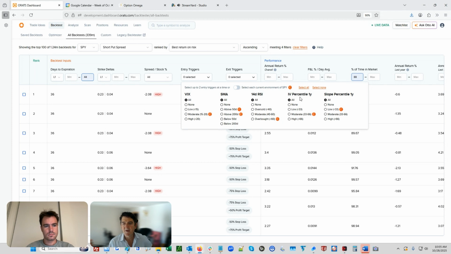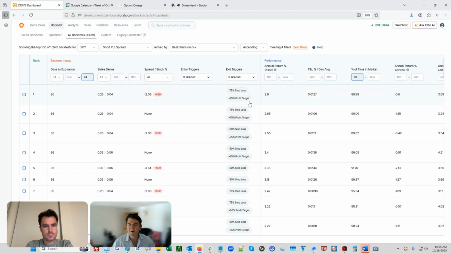And we have IV percentile. So it's kind of like the VIX, but it's different. The percentile can be low, moderate, or high, or none. And the slope, how steep the slope is. And that's important for these types of trades, and also important for other types of trades. So you could set those and see how your trades do.